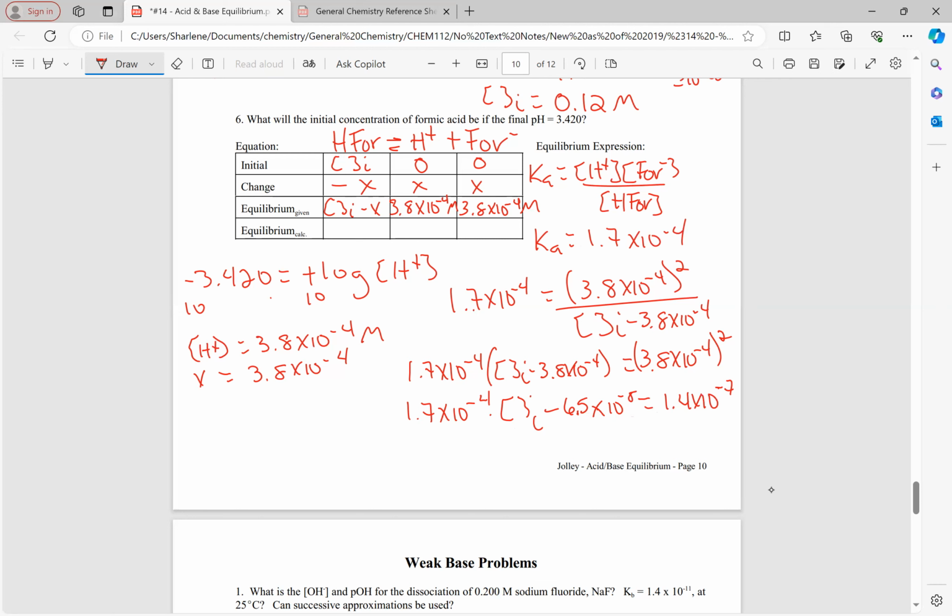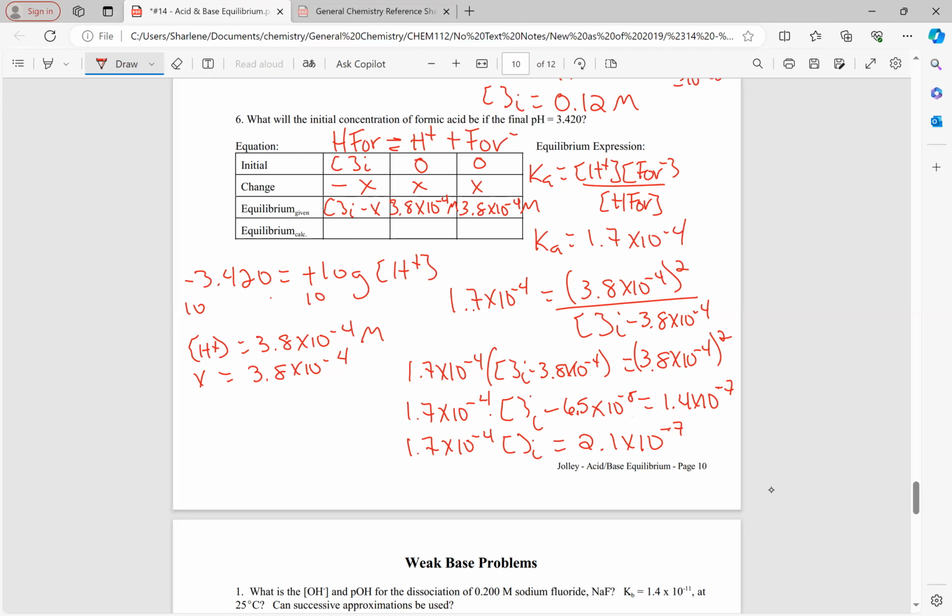Now I have to combine like terms. So 1.7 times 10 to the minus fourth initial is equal to, I'm going to add 6.5 times 10 to the minus 8 to both sides. And I get 2.1 times 10 to the minus seventh. Do that one more time. Yes.